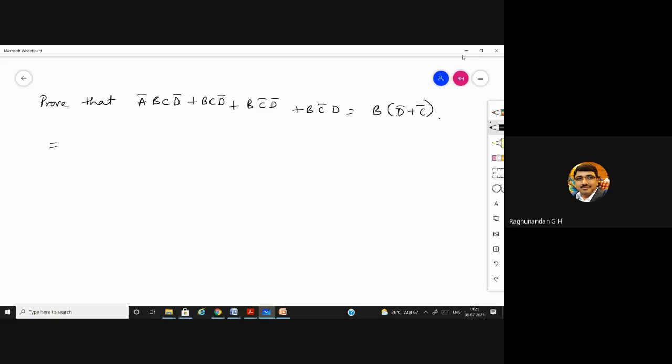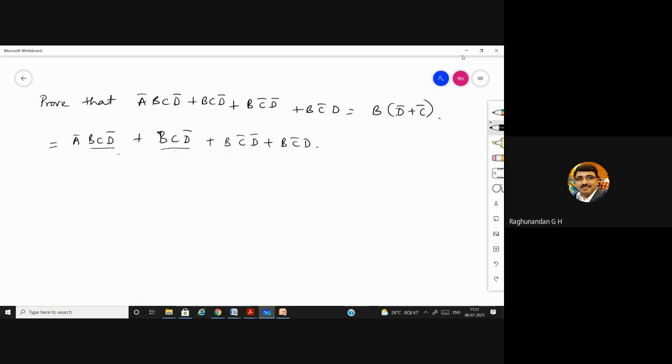So let us first start. Let us take this: A bar B C D bar plus B C D bar plus B C bar D bar plus B C bar D. Now when you take these two, is there anything common? BC D bar, yes, BC D bar is common.